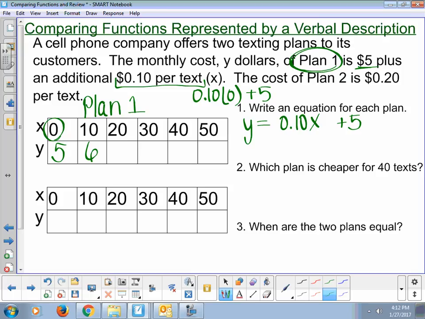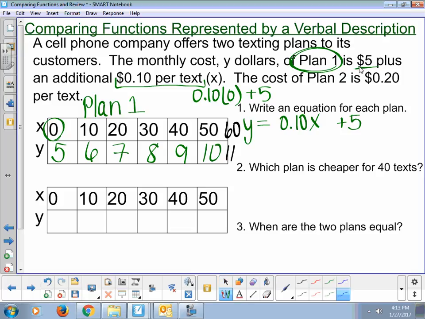For 20, 20 times 10 cents is $2 plus 5 is 7. If you notice, each time we're going up by 1. So for 30 text messages, it costs $8. For 40, it's $9, and for 50, it is $10. If we went up to 60, it would cost $11.